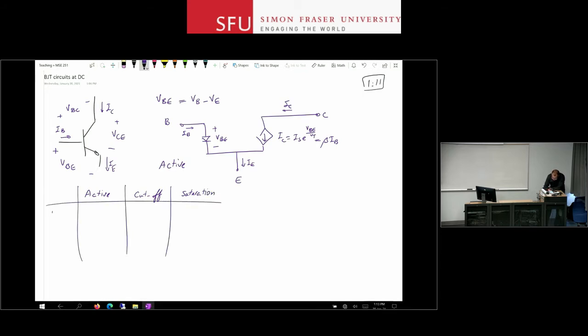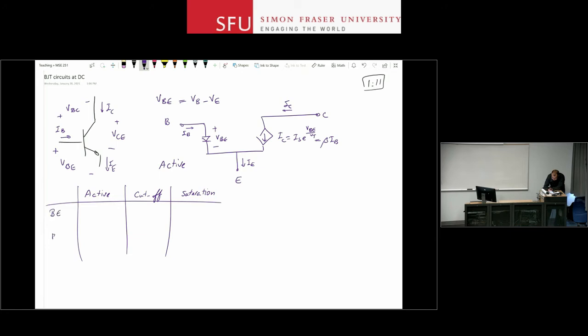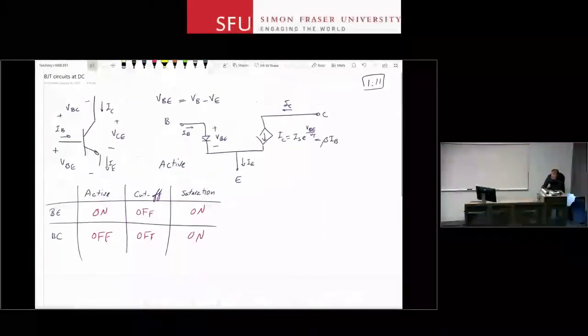And then depending on the operating region of the base-emitter and base-collector diodes, for active region, BE is on, BC is off. We need that current source between collector and emitter. In cutoff, both of them are off. And in saturation, both of them are on. Right? So these are the three operating regions.